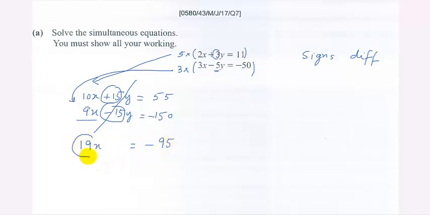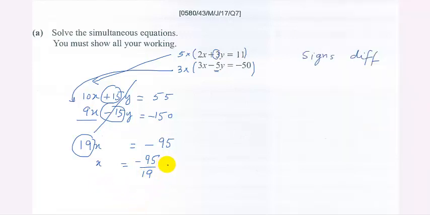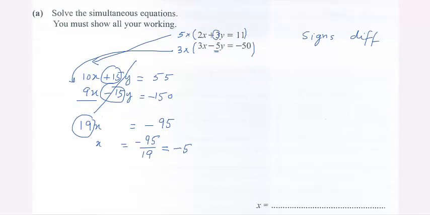So I will divide by 19 on the other side: minus 95 over 19. And 95 over 19 is 5. So the sign is minus 5. So x is minus 5. Okay, so we got x now.